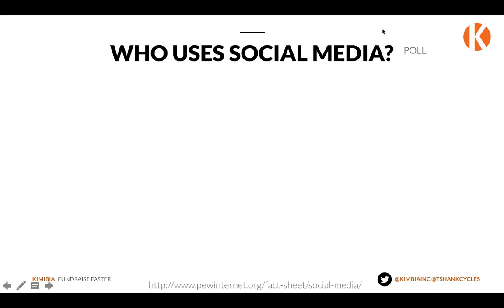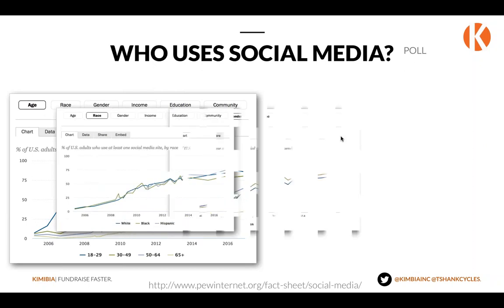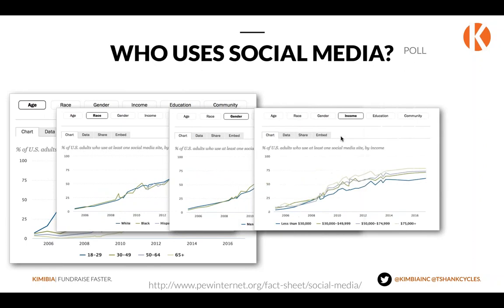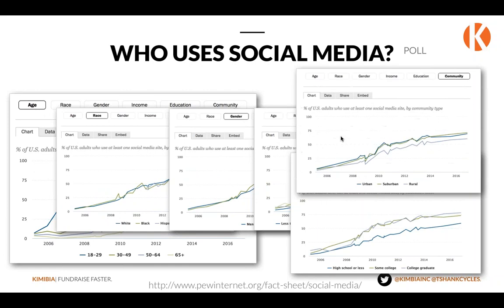And I think this is important for those of you who are doing it regularly or who are at least doing it sometimes. I recently was looking at a Pew Institute study on who uses social media. What I found was interesting, and it basically validated my thoughts, looking at charts and graphs comparing age data, race data, gender data, income data, education data, and community data.